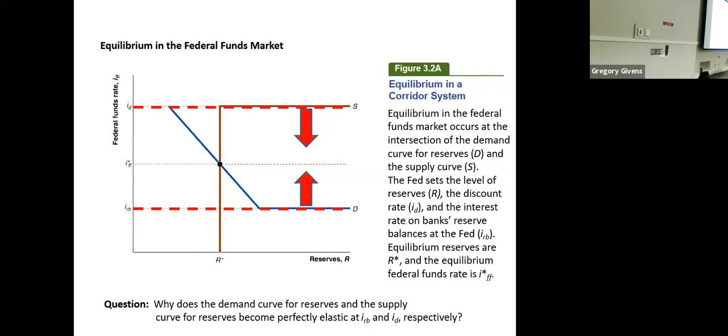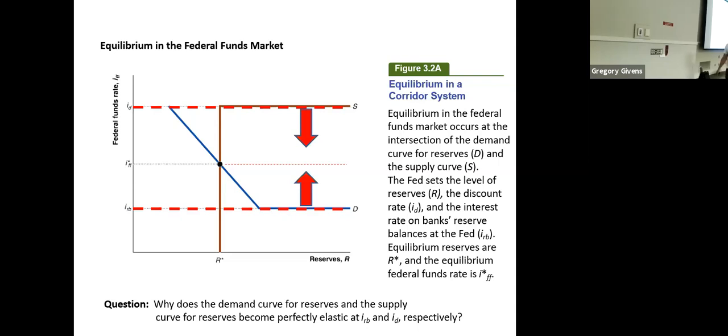The supply of reserves would shift to the left just enough to raise the funds rate to whatever the new target is. If it wanted to lower the federal funds rate, it would do exactly the opposite. It would purchase treasury securities in the open market in order to increase the supply of bank reserves so that the intersection would be somewhere lower now.